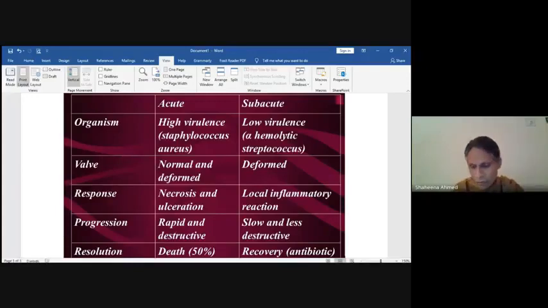Whereas in hypertrophic, usually this is inherited. There is some sort of a mutation in the genes. So in the majority of cases, usually you will find some sort of a link with the genetic diseases.